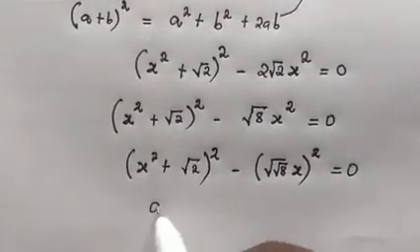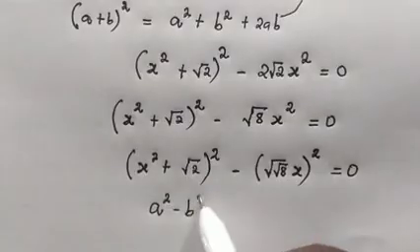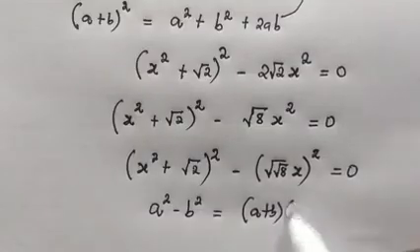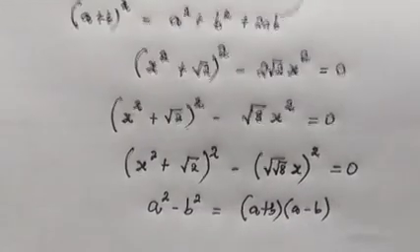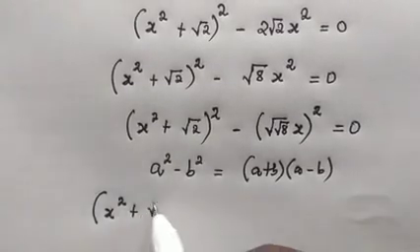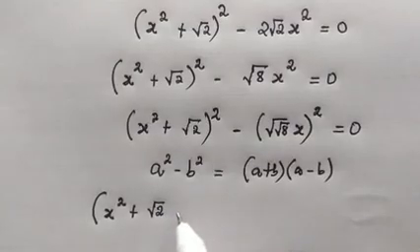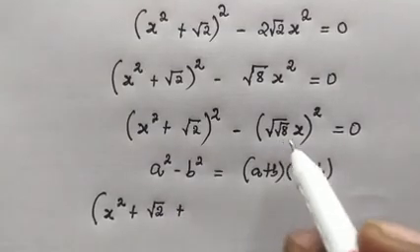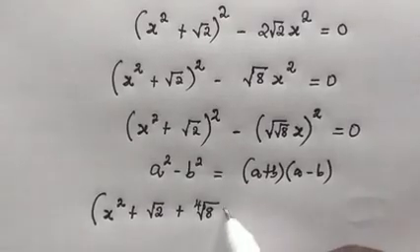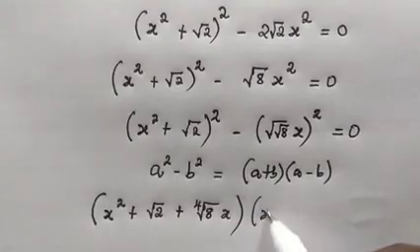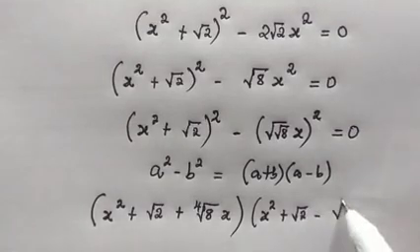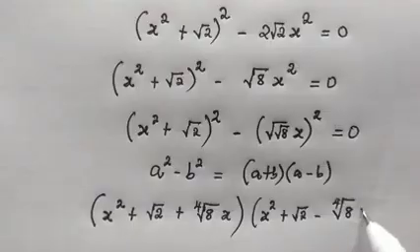So we use this difference of two squares formula. A squared minus b squared is equal to (a plus b) multiplied by (a minus b). So this becomes (x squared plus square root of 2 plus the 4th root of 8 x), which is the same as the 4th root of 8, right? Then multiplied by (x squared plus root of 2 minus the 4th root of 8 x).